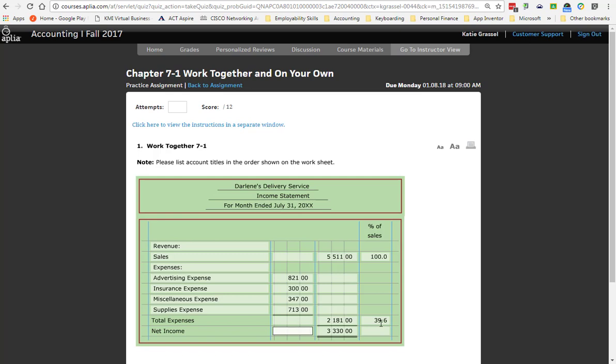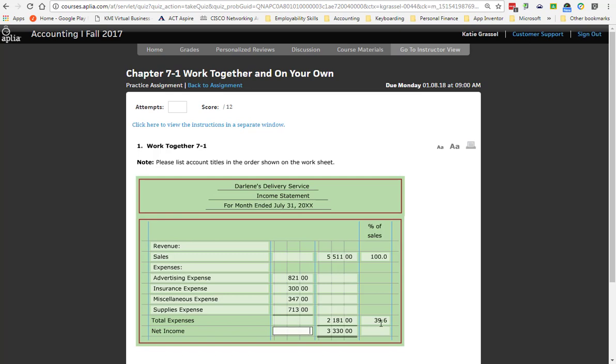So we need to do exactly the same thing, but one more time for net income. So I'm going to put in my calculator 3,330, divide by 5,511. So you always start with the number that you're searching for, and then put in your sales number. When I did that, I got 0.604246053.